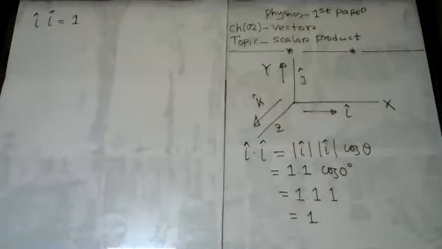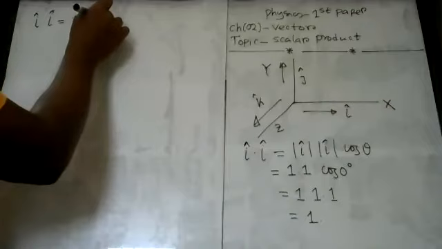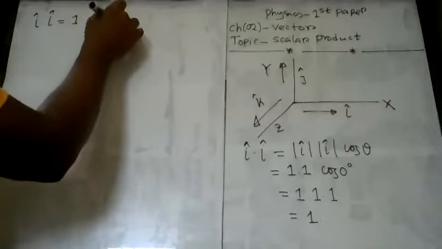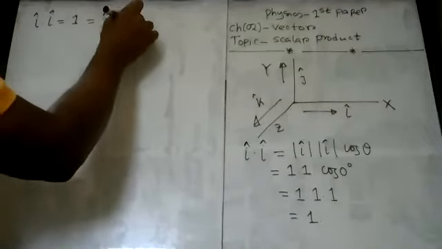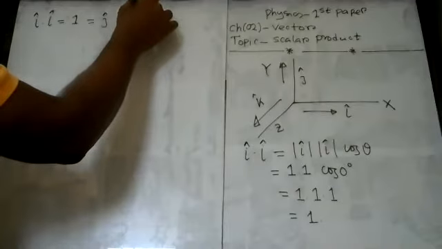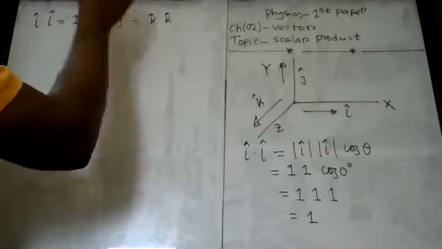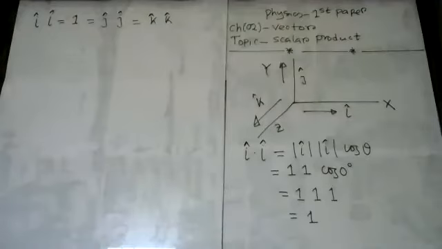If i hat dot i hat equals 1, then similarly j hat dot j hat will equal 1, and k hat dot k hat will also equal 1. So we can say that the dot product of two same vectors will equal 1.